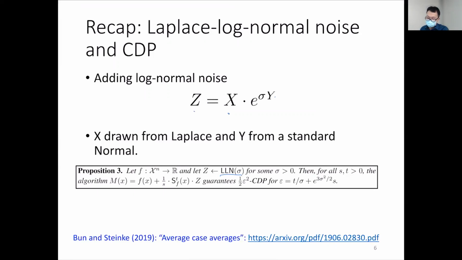So first of all, what is the intuition here? The intuition is that we are smoothing out the scale of this Laplace distribution with a Gaussian distribution. This log normal, since it is e to the power of something, is always non-negative.